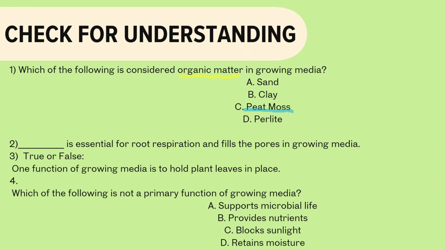It comes from a living organism. The others are considered inorganic matter, so they're going to be there for a while and don't necessarily decompose or break down. So that's why peat moss is the best option for question one.